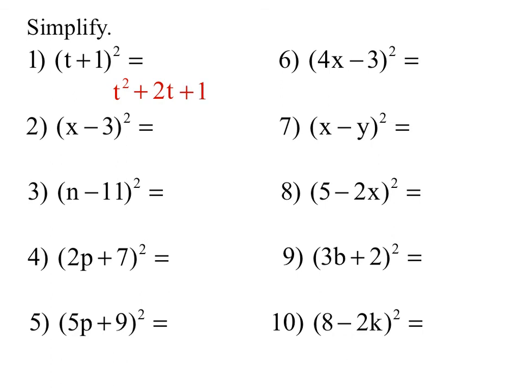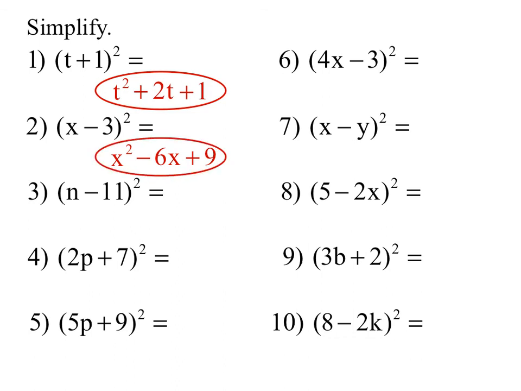Try one more with you. First term is going to be x squared. When I multiply to get my middle linear term, I do negative 3 times x times 2. Get negative 6x. And then negative 3 times negative 3 is positive 9. All right, now pause the recording and finish number 3 through 10.